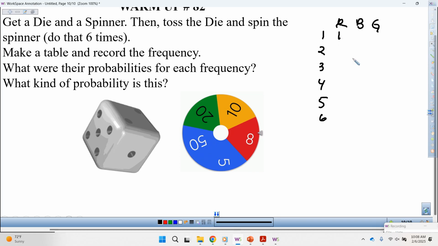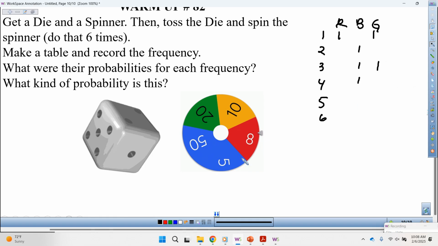1 red, 1 green, 2 blue, 3 blue, 4 blue. Hold on. 2 blue once. Okay, and then 3 green.